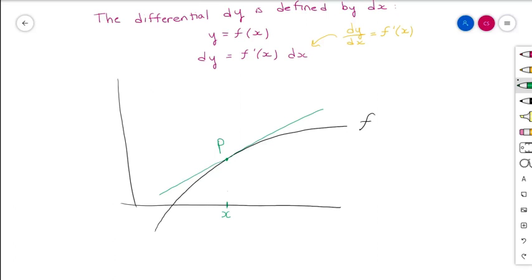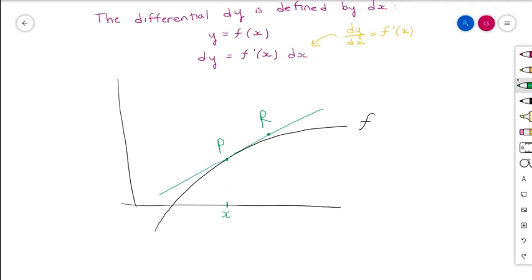Okay, so we're talking about dy dx. We are going to define dy dx. If you remember, that's how we define our slope. So let's choose another point on the tangent line. We'll call this point R. And when we're talking about dy dx, look right here, it is equal to f prime of x.